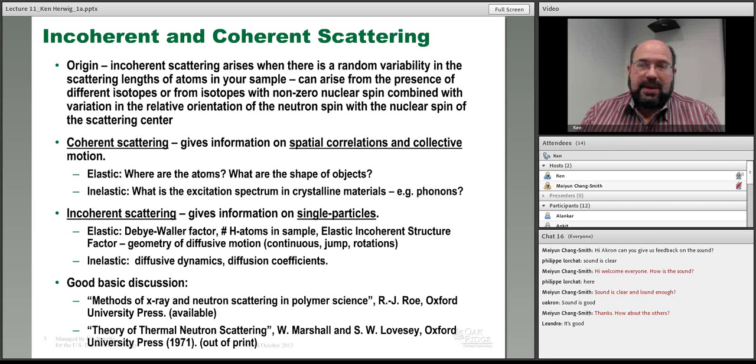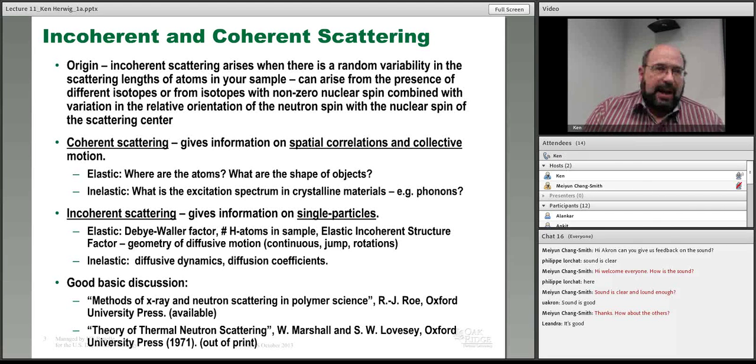Inelastic coherent scattering tells us information about collective excitations, like phonons, for example. Incoherent scattering, on the other hand, tells us information about single particles and what they're doing. And of course, the neutrons are probing the entire sample, and you're getting an ensemble average of the information. But nonetheless, it's about the behavior of single particles.